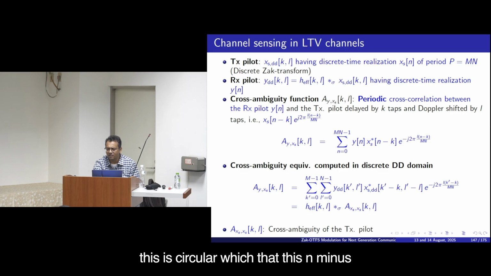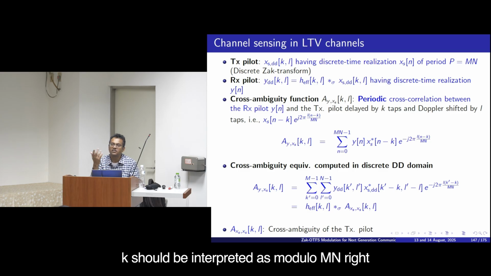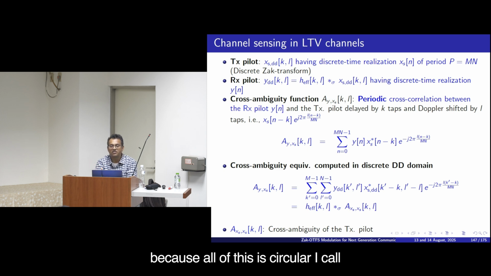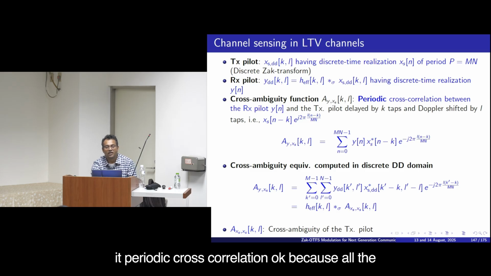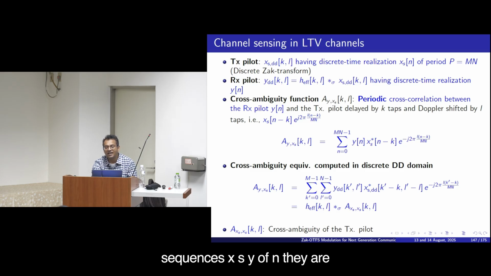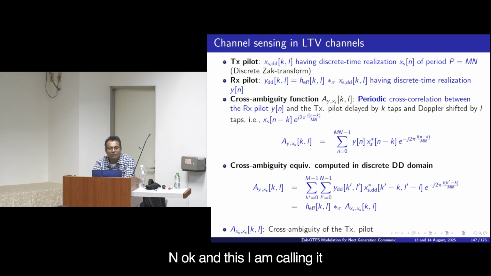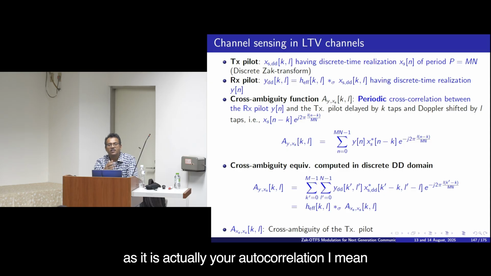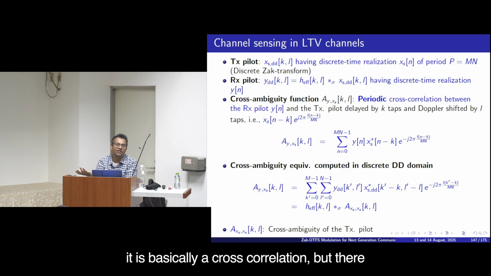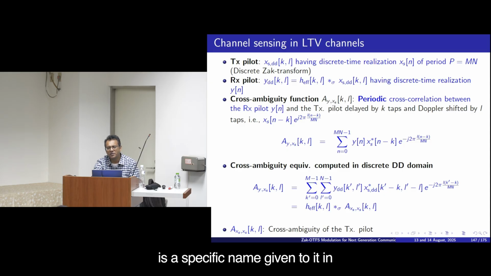Again, this is circular, which means that this n minus k should be interpreted as modulo MN, because all of this is circular. I call it periodic cross correlation, because all these sequences x_s, y[n] are all periodic with period capital M into capital N. It's basically a cross correlation, but there is a specific name given to it in the literature.